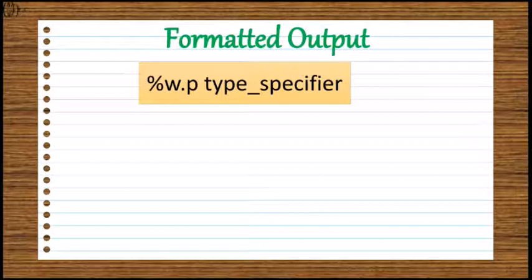Here w is an integer number that specifies the total number of columns for the output value, and p is another integer number that specifies the number of digits to the right of the decimal point, or the number of characters to be printed from a string. Both w and p are optional, so if you want you can use them or skip them. Here are some examples of formatted printf statements.